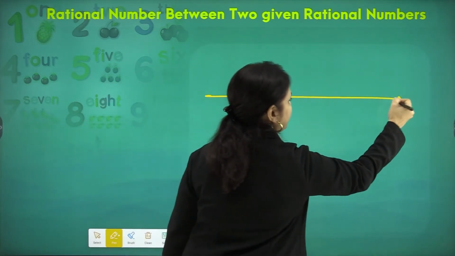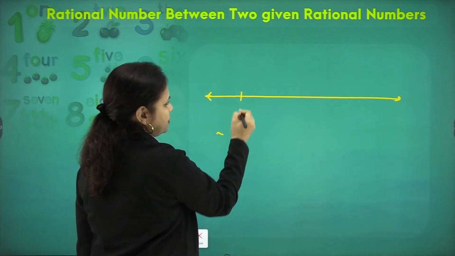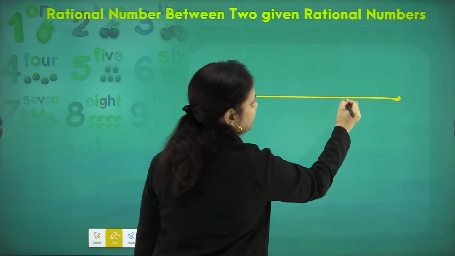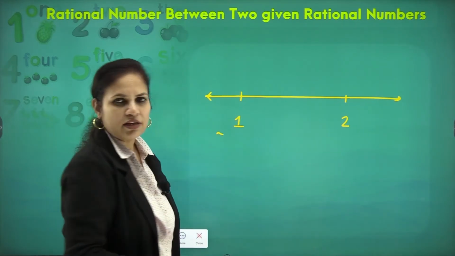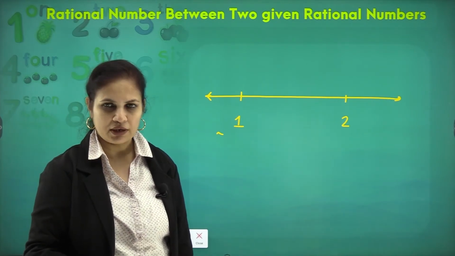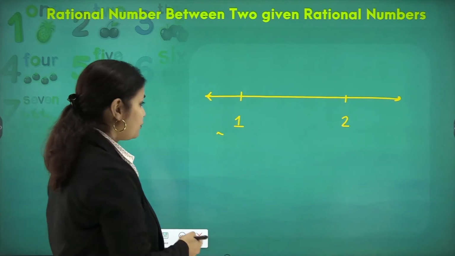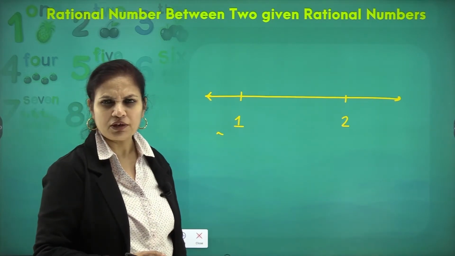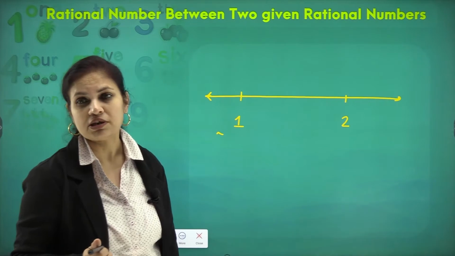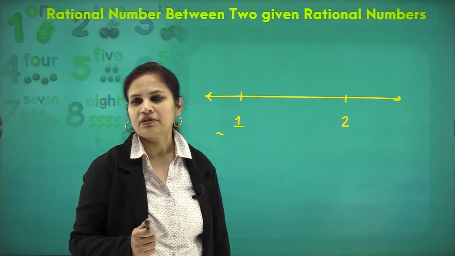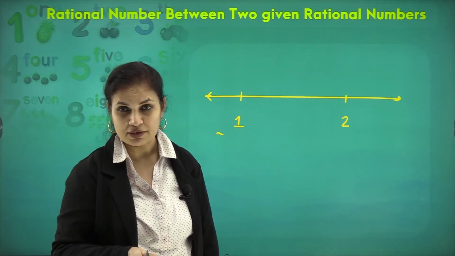If on a number line I give you two numbers, 1 and 2, and I ask you what will come between 1 and 2, think. It may be a little difficult for you, because you may be thinking about natural numbers.